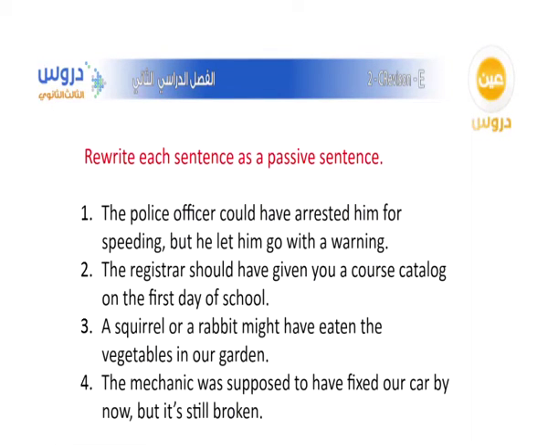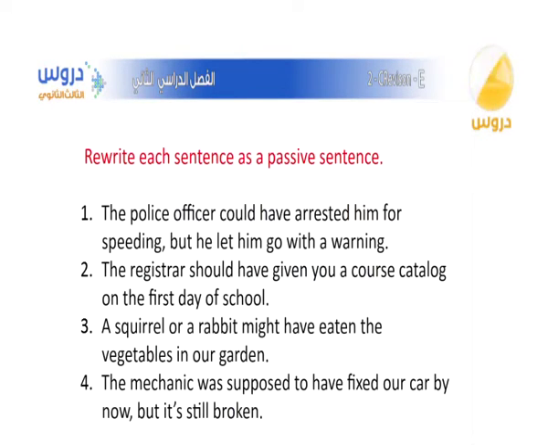Again, we're dealing with passive. When we deal with passive, we begin each sentence by mentioning the object. We have two guys in sentence number one. We have the police officer and we have the one who is driving his car fast. The police officer is the subject and the one who is driving his car fast is the object.